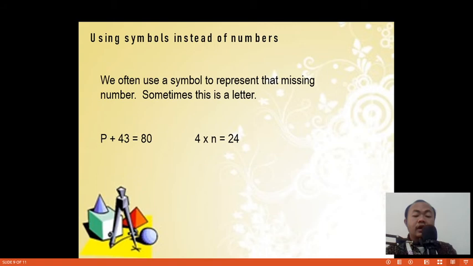Remember, if you have this form to find the factor, all you need to do is for the plus you need to minus, for the multiply you need to divide. So how to find P? 80 minus 43. You will get the result 37. Or how to find n? 24 divided by 4, you will get the result 6.